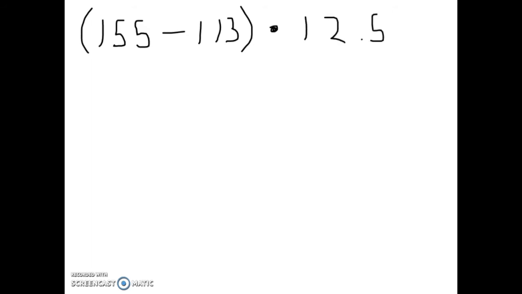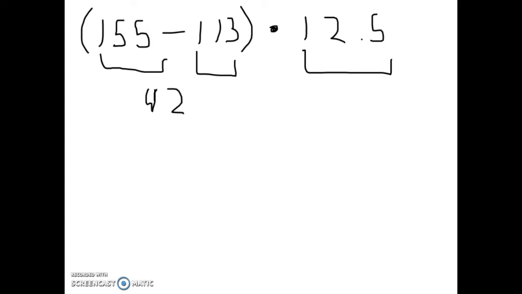Now at first glance, it looks like the answer to this problem should have 3 significant figures because 155, 113, and 12.5 all have 3 significant figures. But when you subtract 113 from 155, you get 42, which only has 2 significant figures. And you do that first because it's in the parentheses.